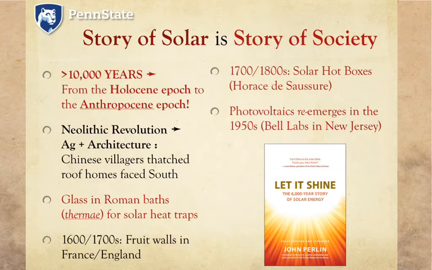So fruit walls. Pay attention to what fruit walls are. They are wonderfully designed solar energy conversion systems where the wall itself absorbs the sun, it heats up, and that long wave radiation that comes off of the stone or the brick is what allows the fruit to ripen. So it's not light as shortwave light that's making the difference. It's the long wave light coming out of the walls that maintains the fruit.